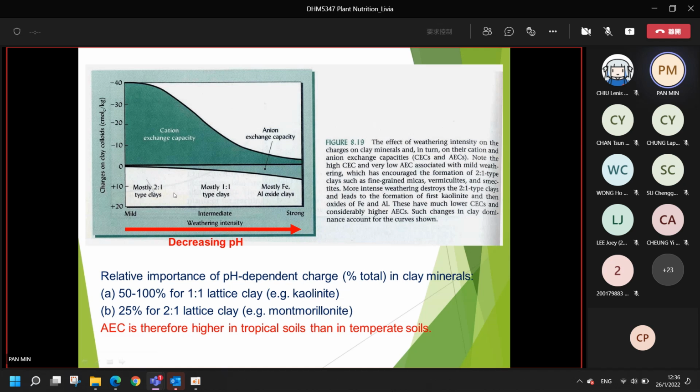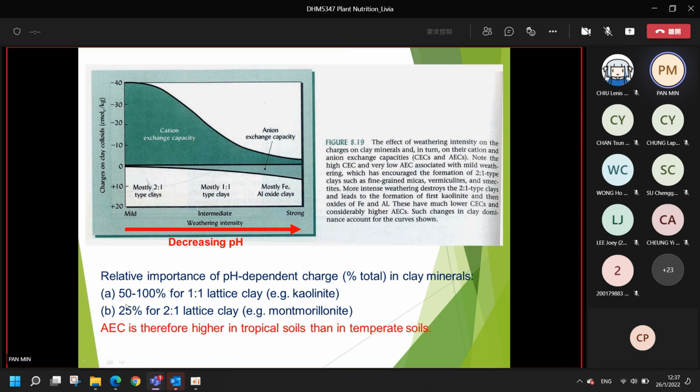If it is mostly 2 to 1 type clay, more cation binding sites can be offered to the nutrient cations. So it has a higher cation exchange capacity and will also repel anions from the other binding sites.